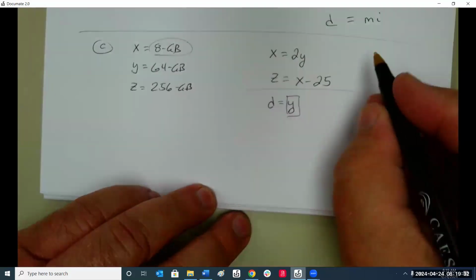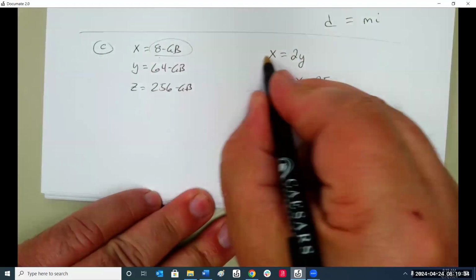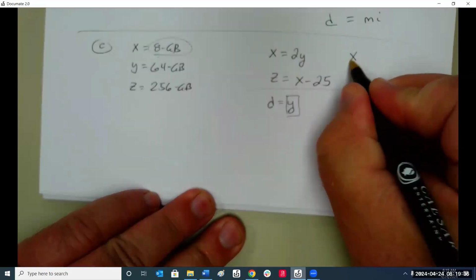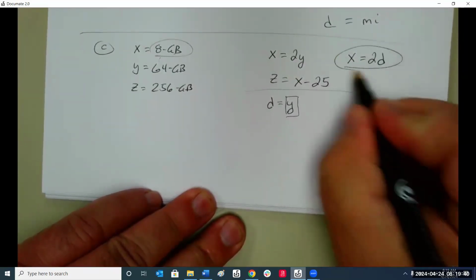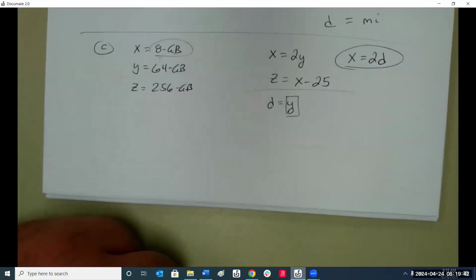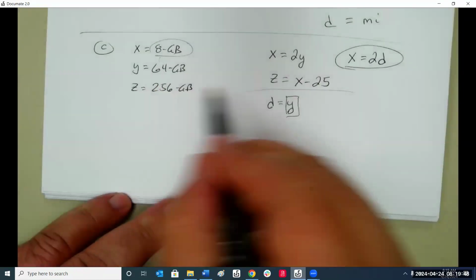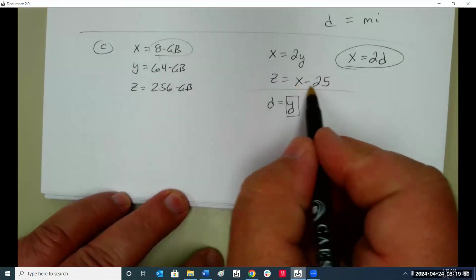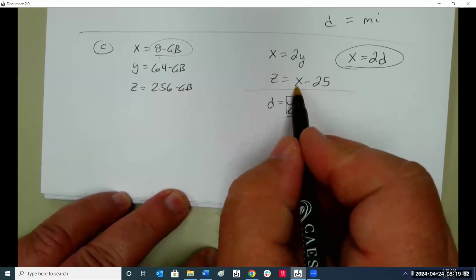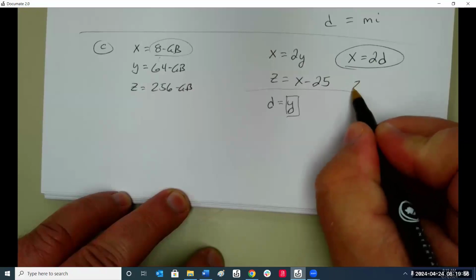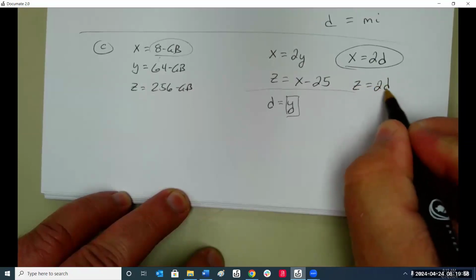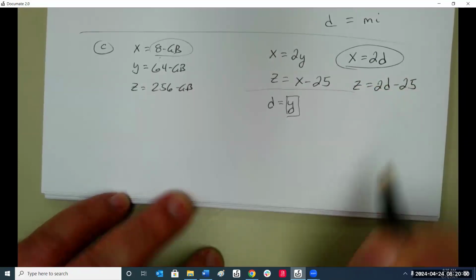We know that the 8 gigs equals 2 times D. The 256 gigs is X minus 25. What's X? Yeah, so Z is equal to 2D minus 25.